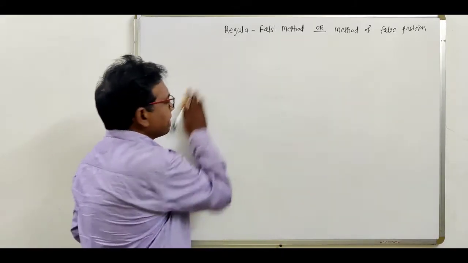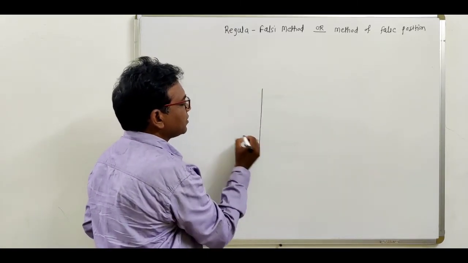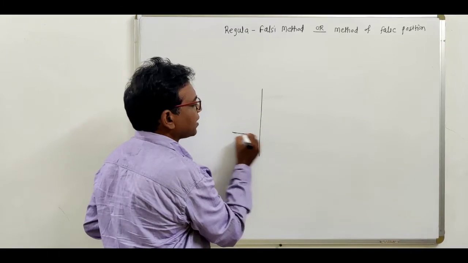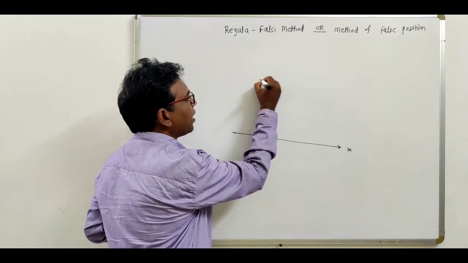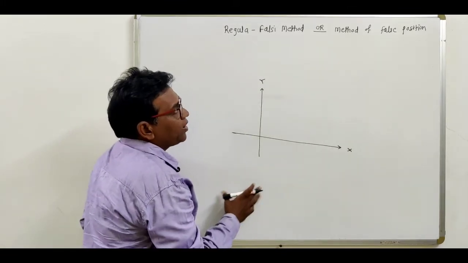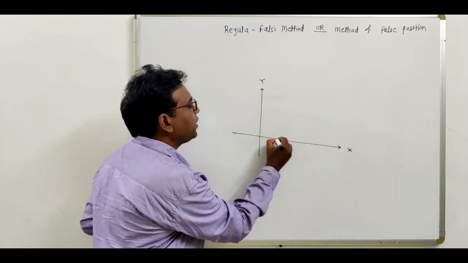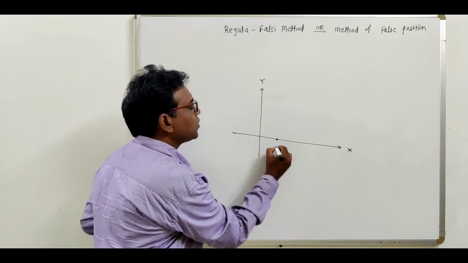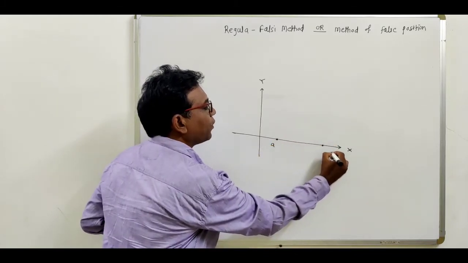Now see, suppose this is our y-axis and this is our x-axis. We want to find out the real root of the equation f(x) = 0 in between a and b. So suppose this is our point a and this is our point b.